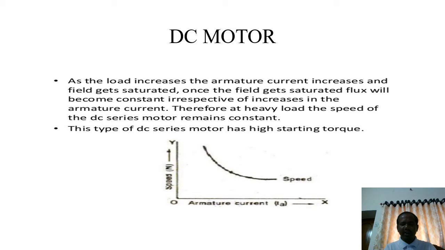Therefore, at heavy loads, the speed of the DC series motor remains constant. This type of DC series motor has high starting torque, right? So now you will get this curve, the speed versus armature current characteristic.